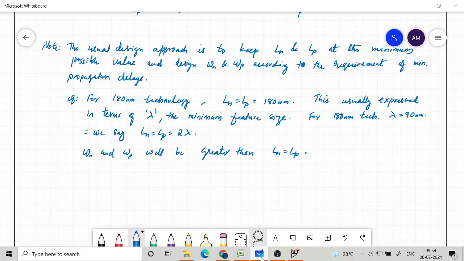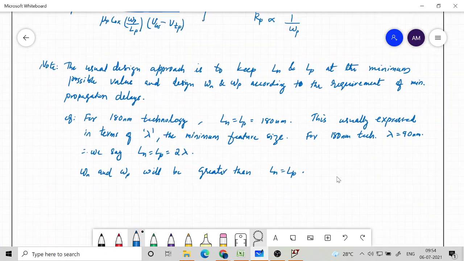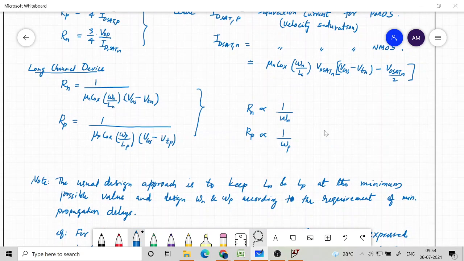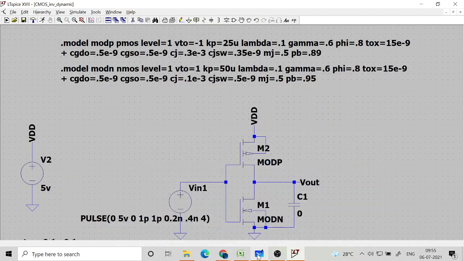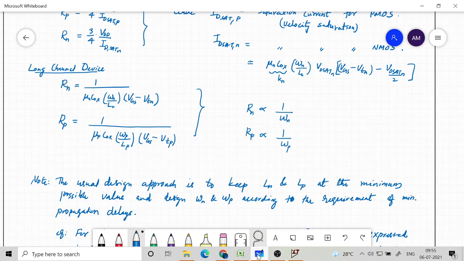If you look at the expression for current that I wrote earlier, mu n into Cox is what we call Kp, or we can call it Kn. Kn is basically the process transconductance, so for NMOS we took it as 50 mu.